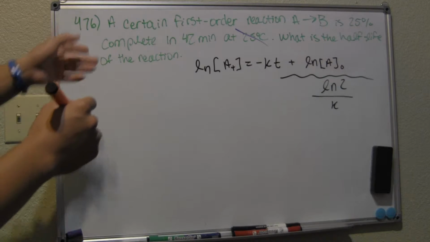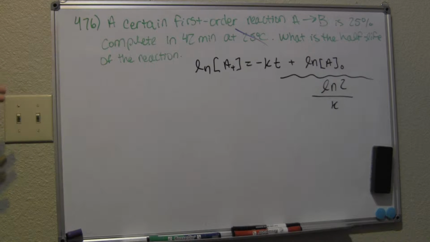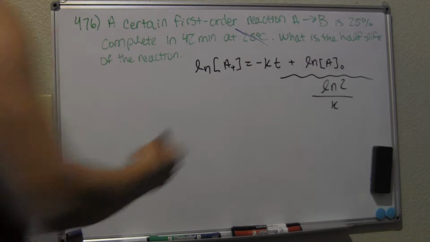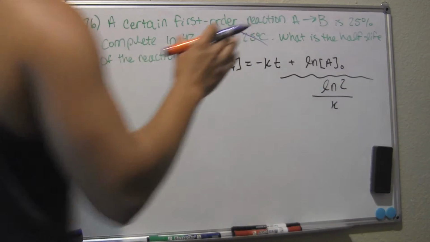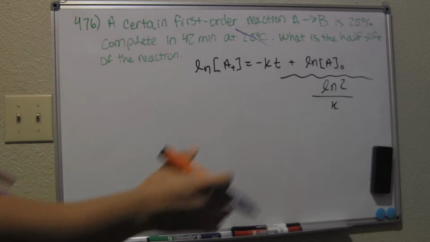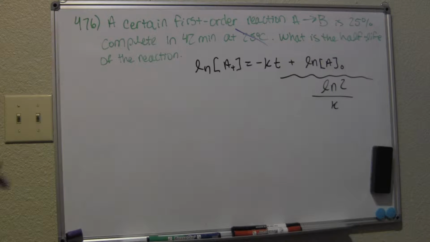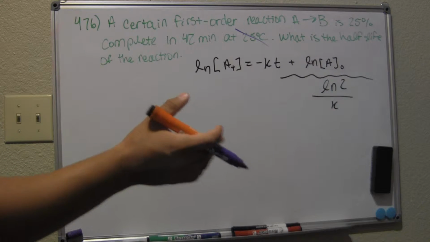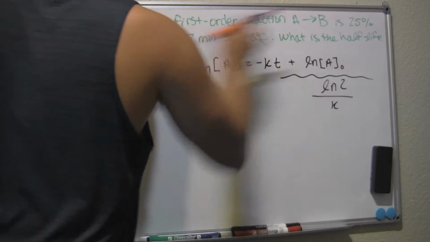If you look at our reaction, we're not given any starting or final concentration, just the percentage at which it is complete. When you're given a percentage and no actual values, you should assume that your initial concentration is 100 molar, and the final concentration follows from the completion rate.